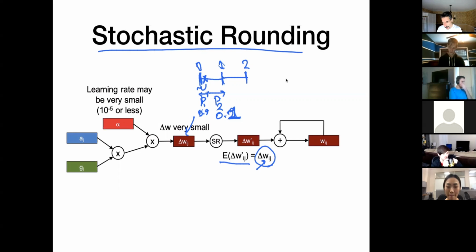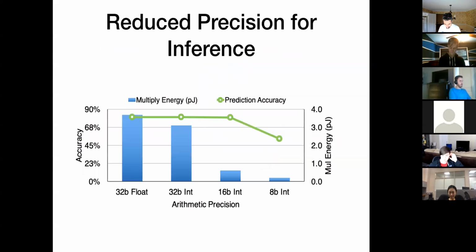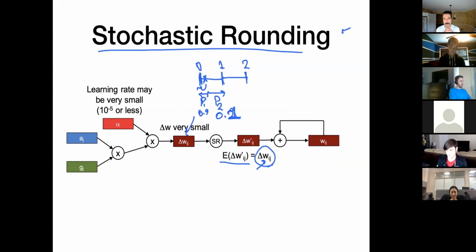So this is another technique that is super useful when you have these situations. Was this clear?